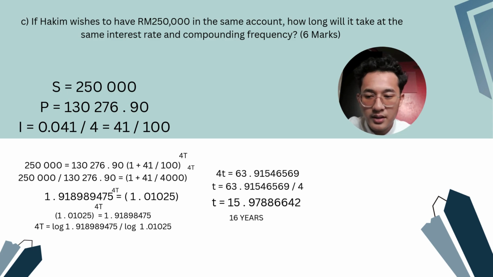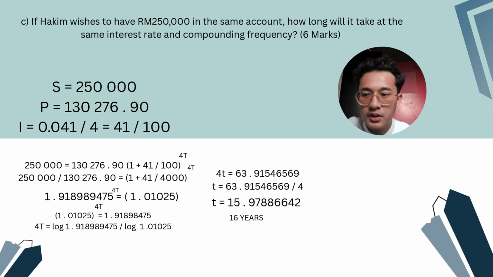The annual interest rate equals 4.1% and the interest is compounded quarterly. The equation becomes 250,000 equals 130,276 ringgit and 90 cents multiplied by 1.01025 to the power of 40.